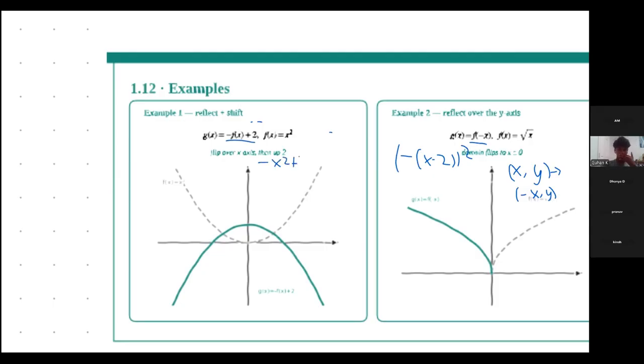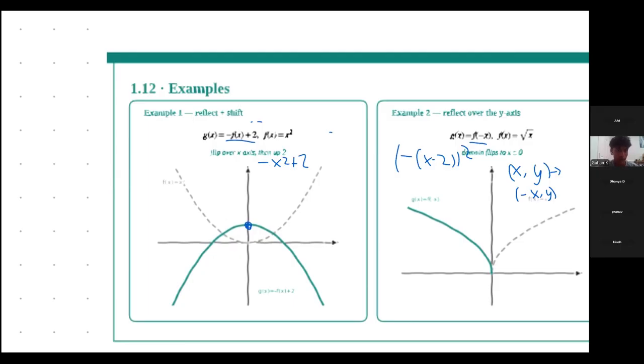And right away, I can see that our vertex is at 0, 2 because it's not being horizontally shifted and it's going up 2. And this is actually vertex form, which tells us our vertex. So we can tell that our vertex is at 0, 2, and then we can tell it's a negative graph, so it's being reflected over the x-axis.